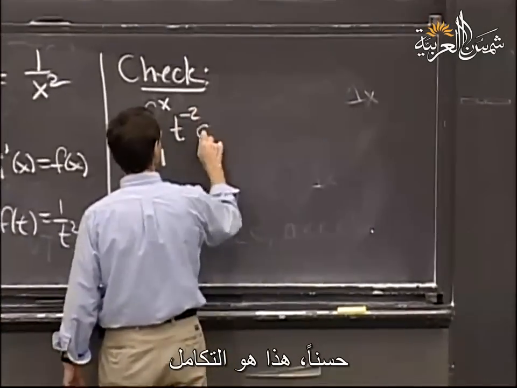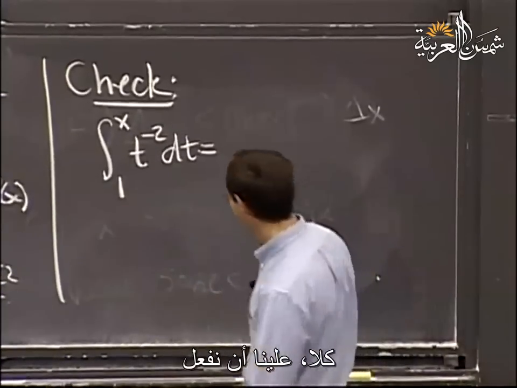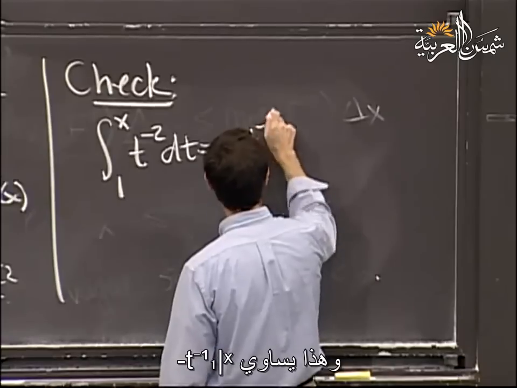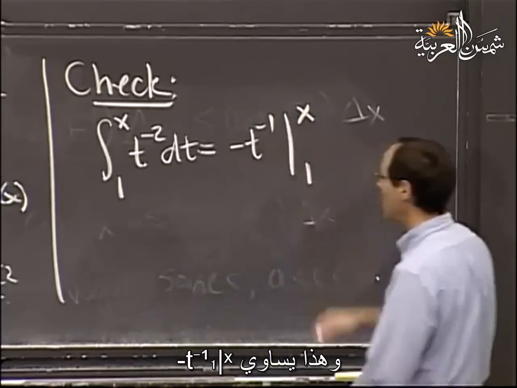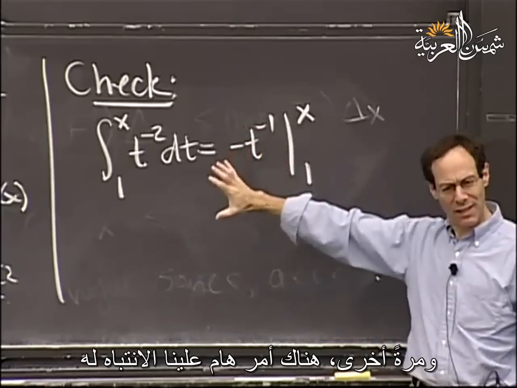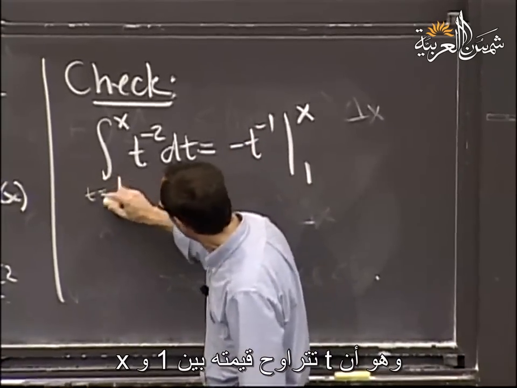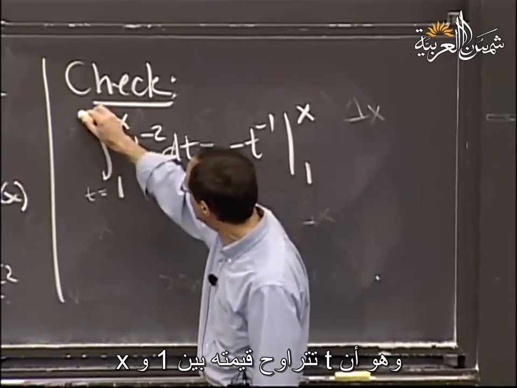So this is our integral, and we know how to do it. And this is minus t to the minus 1, evaluated at 1 and x. Again, there's something subliminally here for you to think about, which is that, remember, t is ranging between t equals 1 and t equals x.